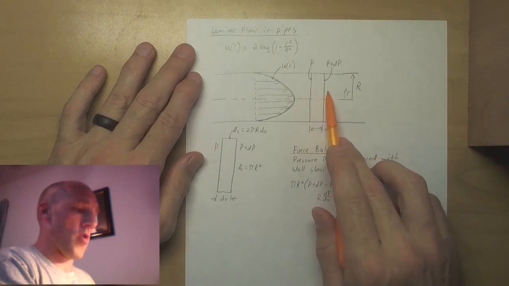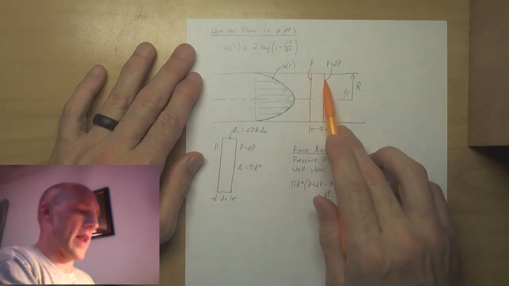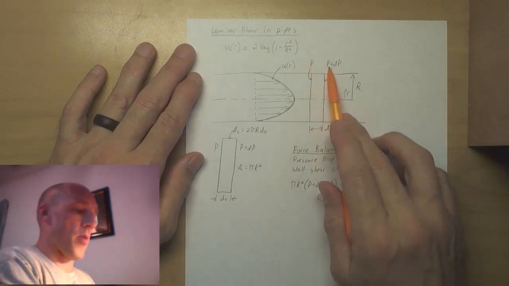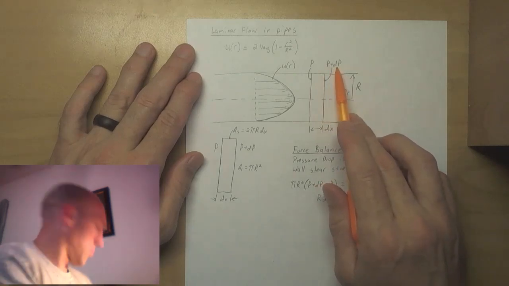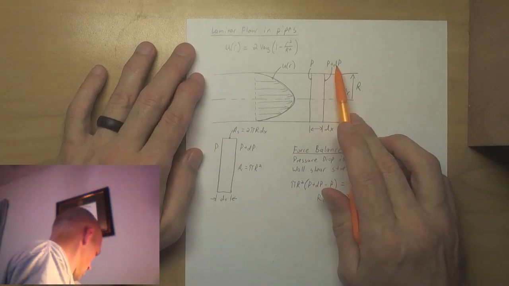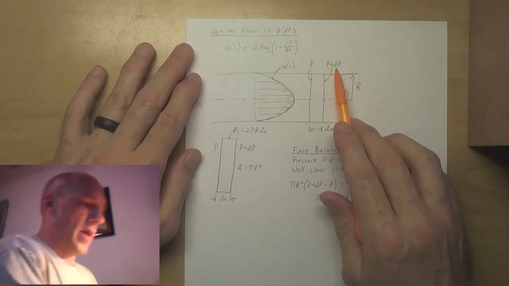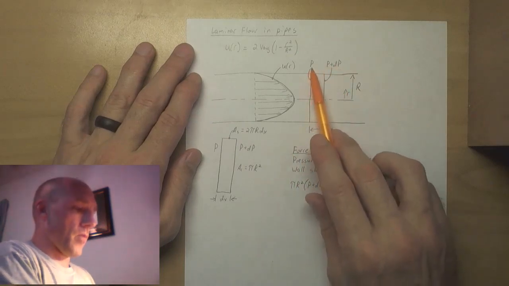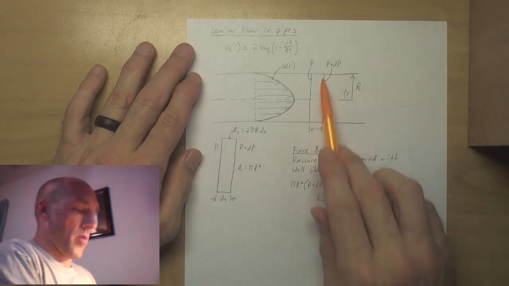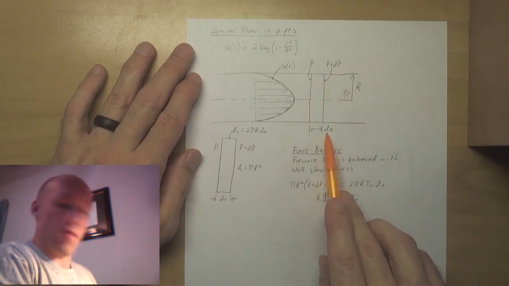Like I just said, there's going to be a pressure drop along the length of the pipe. At this surface, as I've drawn here, the pressure is P, and at this surface the pressure is P plus dP, where dP is going to wind up being negative, a small change in pressure over a length of dx.